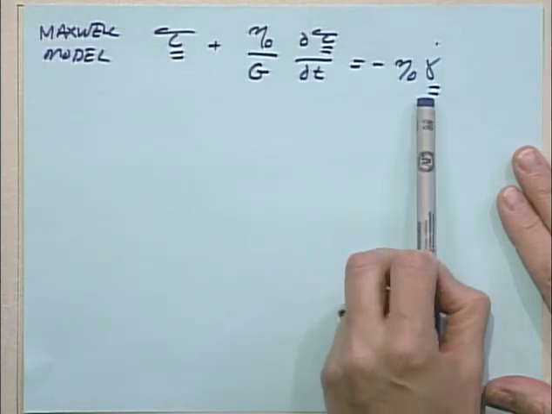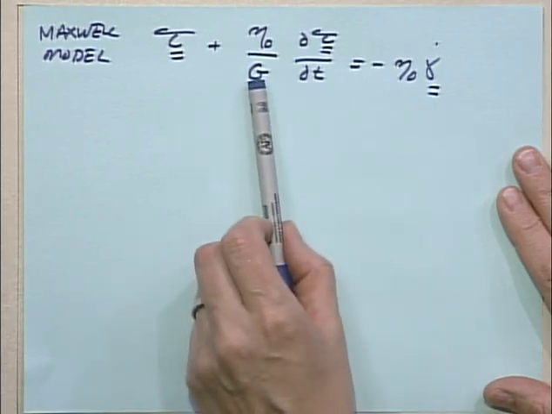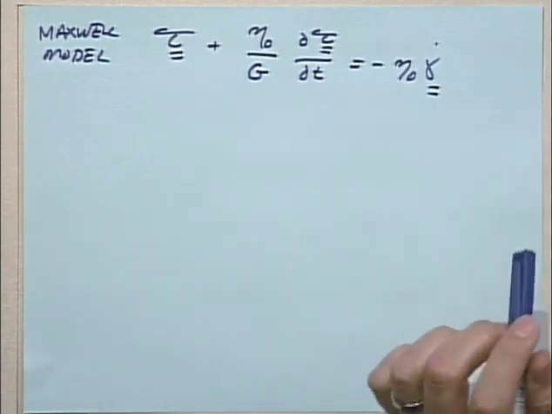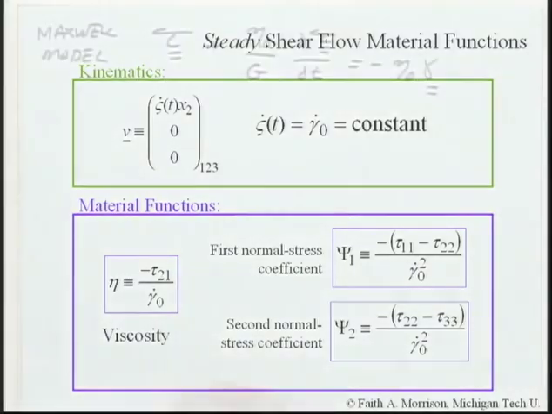We can plug gamma dot in all we like, but it's not explicit. So actually, our first step, before we even start on this problem, is to make it explicit in stress, and it's not that bad. It takes a few pages of calculus, but it's not that bad. This is a simple linear differential equation with constant coefficients.